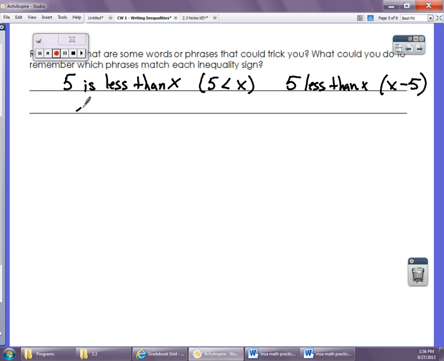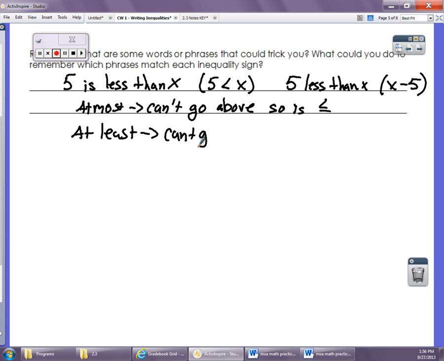Another key one is at most. At most, it cannot go above this value. Since it can't go above, it's less than or equal to. And then at least, it can't go below.